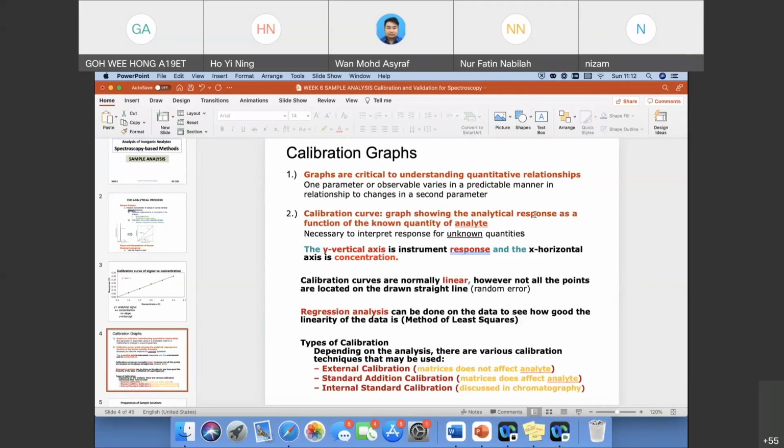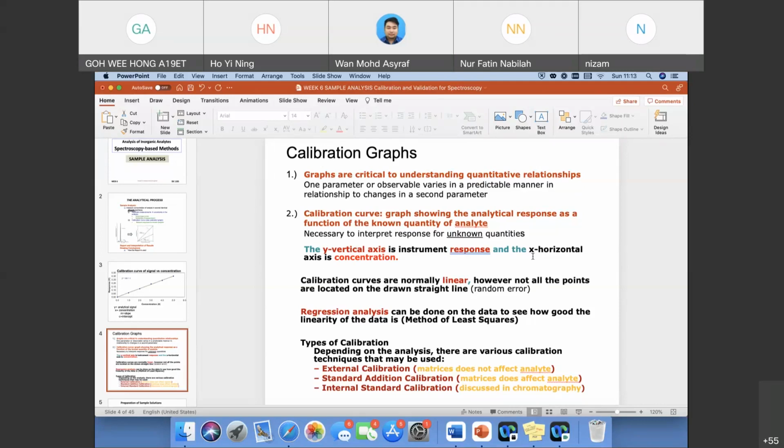As I've mentioned before, you can use the calibration graph to interpret the unknown quantities, so you quantify the unknown sample. The y vertical axis is the instrument response, and the x is the concentration.